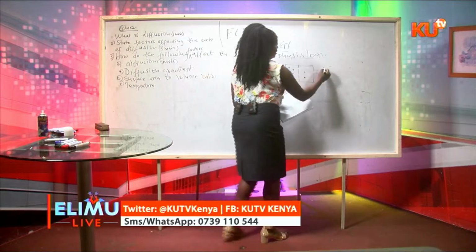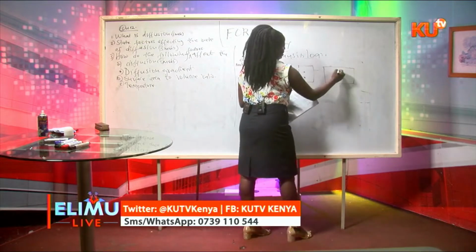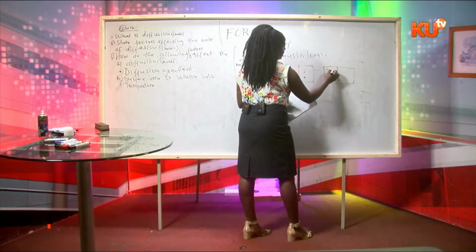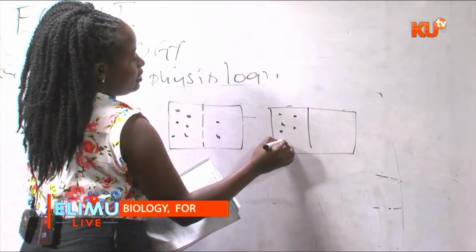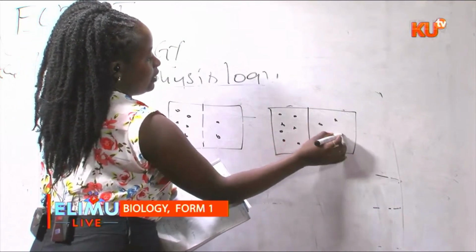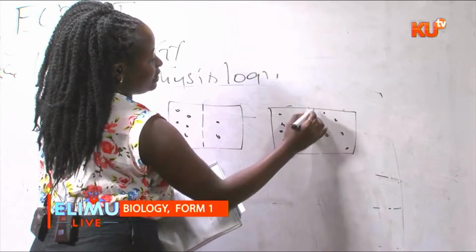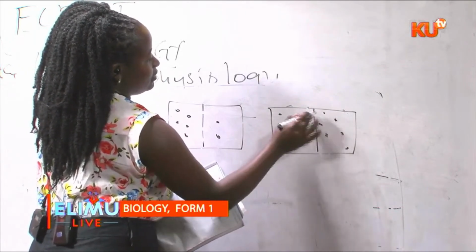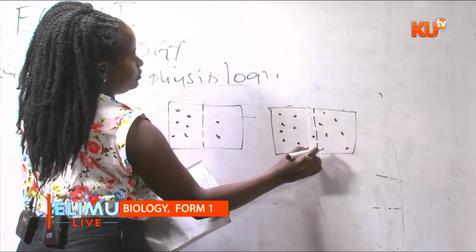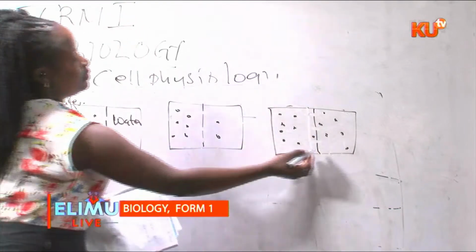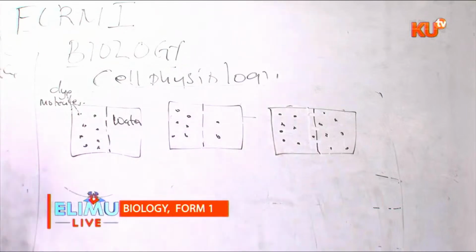Lastly, these dye molecules will become equally distributed on both sides.